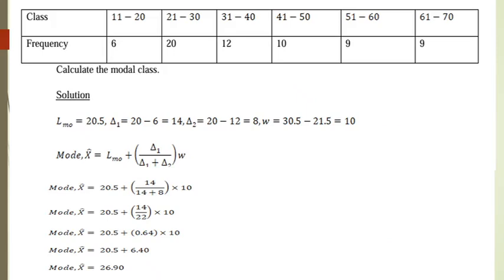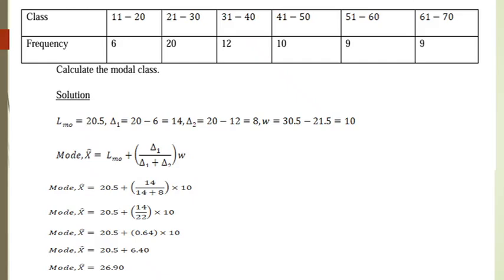From the example given in our study material, we have the classes 11 to 20, 21 to 30, 31 to 40, 41 to 50, 51 to 60, and 61 to 70 with their frequencies respectively. If we go through this example, L mode is the lower class boundary of the modal class.